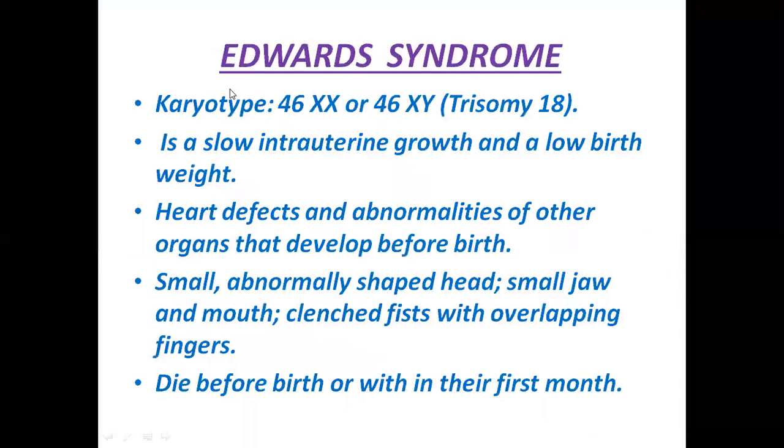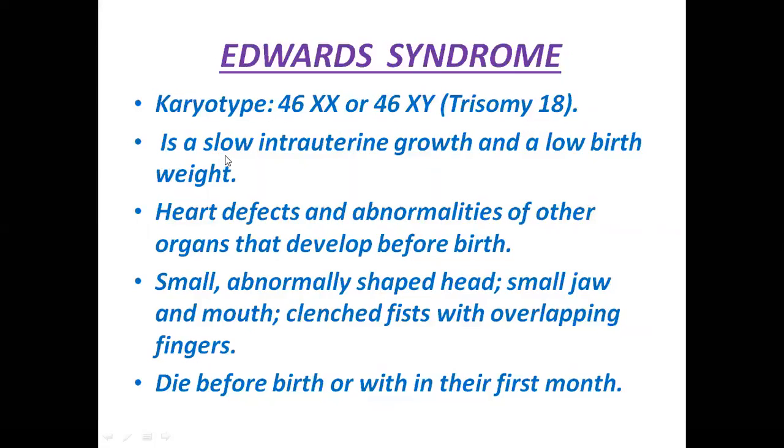Then we have yet another, trisomy of the 18th chromosome, that is Edwards syndrome. The karyotype is 46 chromosomes XX or 46 chromosomes XY. So Edwards syndrome can be in a male or a female, unlike the previous cases. The extra chromosome, the trisomy, is with the 18th chromosome.